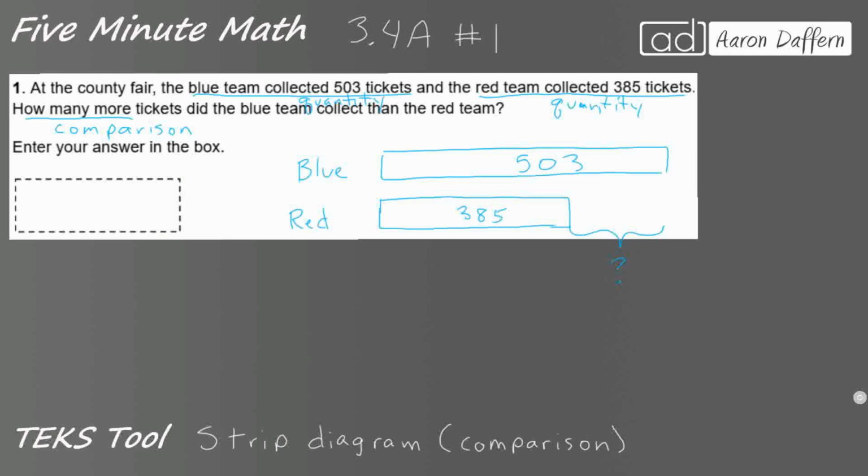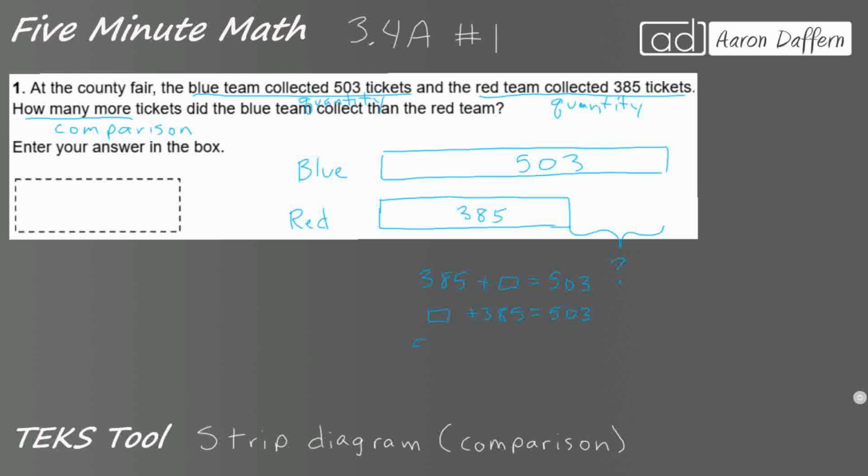Now, I could add up if I want to, right? I can say 385 plus my unknown comparison would get me up to the total length of that blue. You can move them around using the commutative property. The two addends still end up equaling the same sum, 503.